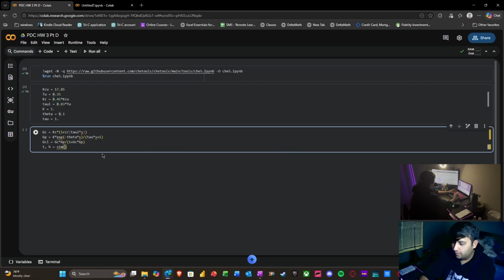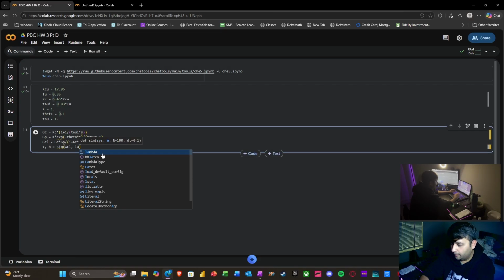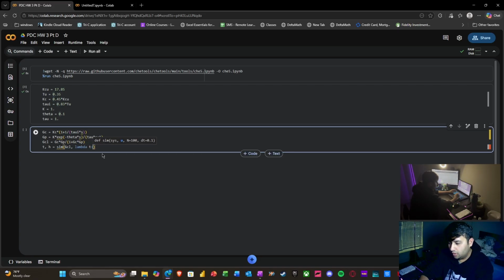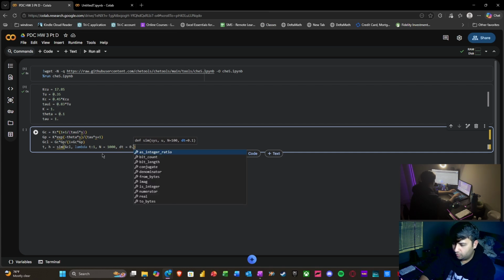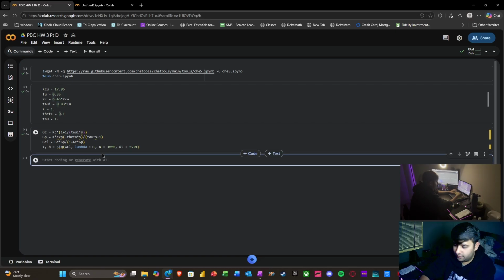That's how we're going to simulate our closed loop, and then lambda in terms of t to 1. Then N equals 1000, and our dt is, I believe, 0.01. It might be 0.1; I have to double check that. Does that work? Yes, it does.